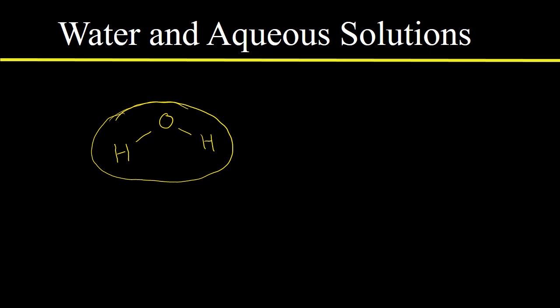But I will say there's an important thing about the water molecule, and that is that the electrons in this molecule are not evenly distributed. Because the oxygen is more electronegative than the hydrogens, the electrons tend to be distributed more around the oxygen and less around the hydrogen.